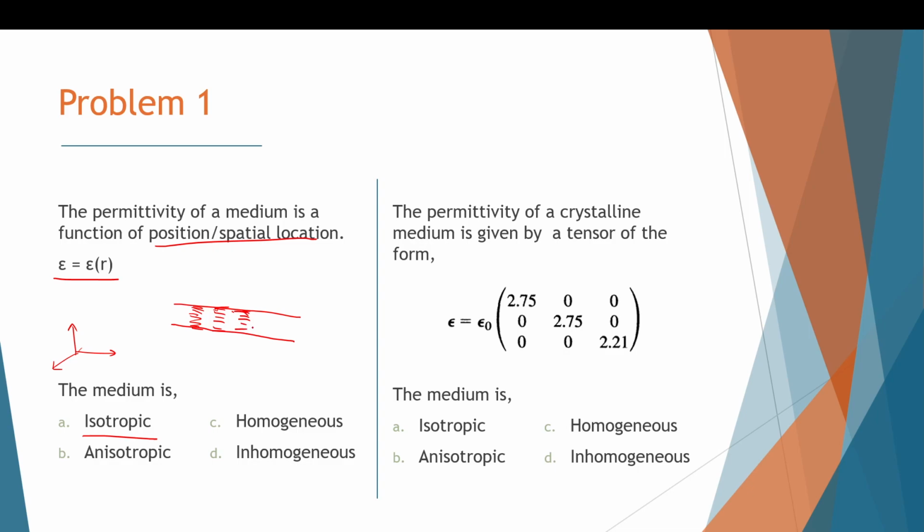In this grating structure, my refractive index or permittivity is different in this region compared to this region compared to the next region. So it's a function of position. Such a material is called an inhomogeneous material. Homogeneous material means everywhere the permittivity is the same. Inhomogeneous material means it is different at certain locations. Now, if my permittivity is given by a tensor, then it is different in different directions, and I call it anisotropic.